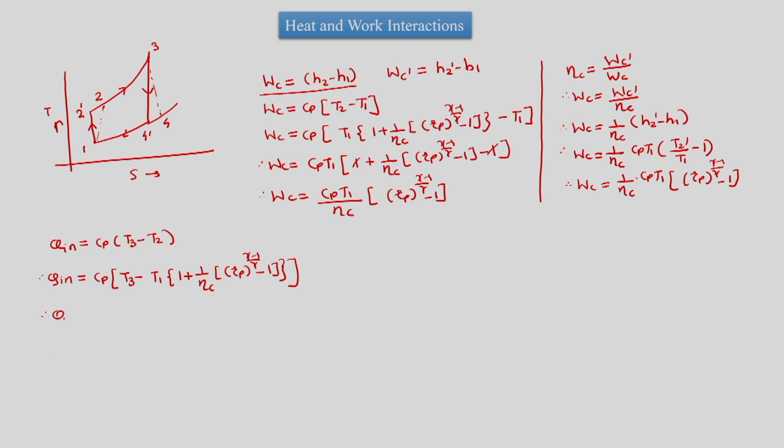Further, we can take T1 common and say Q in is equal to CpT1 into T3 by T1 minus 1 plus 1 upon compressor efficiency into Rp raised to gamma minus 1 upon gamma minus 1, where T3 by T1 is what we said earlier as beta, which is basically T max upon T min.